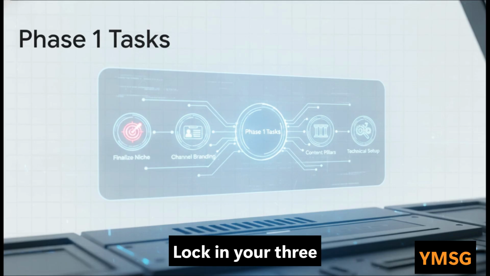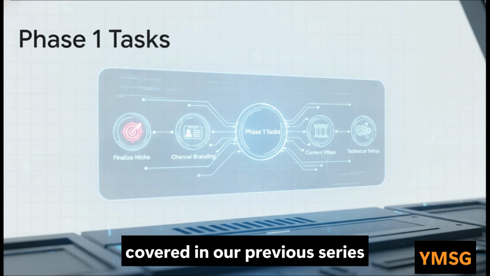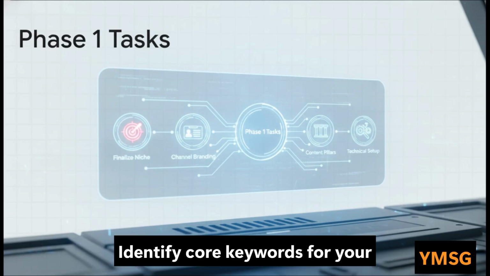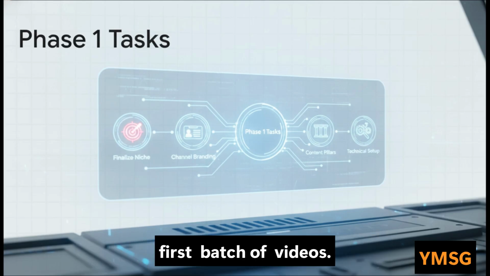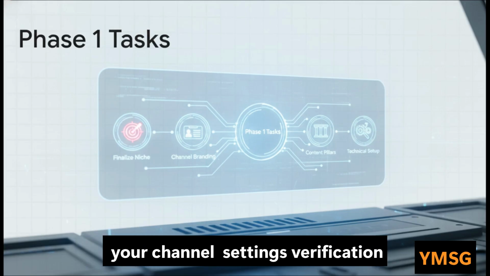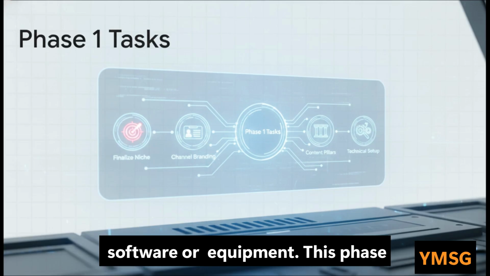Lock in your 3 to 5 content pillars, also covered in our previous series. Initial keyword research. Identify core keywords for your first batch of videos. Technical setup. Optimize your channel settings, verification, and any necessary software or equipment.